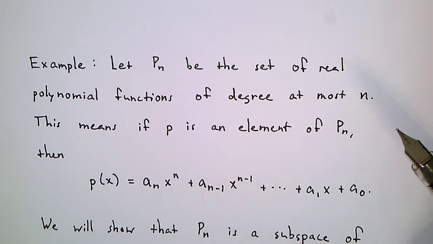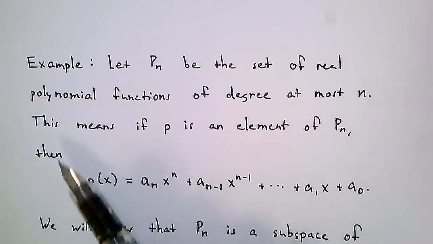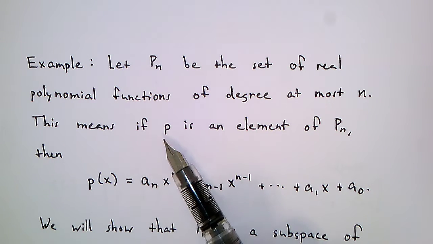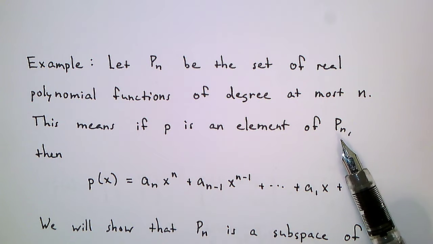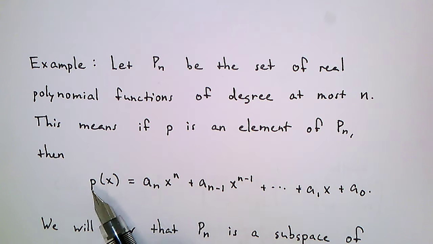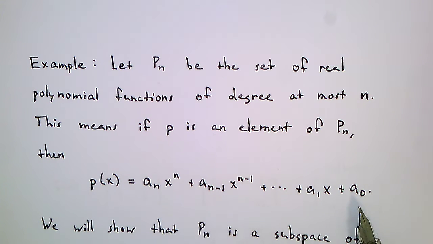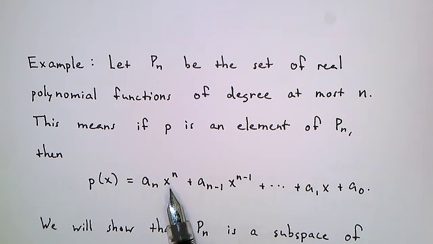So let's work through what that means. That means if I have some element of this set of polynomial functions, then this is what that function is going to look like. It's going to look like a polynomial, and the degree of it is at most n.